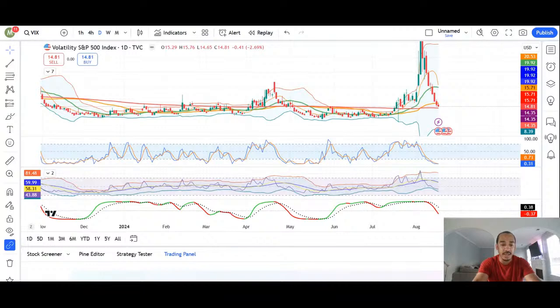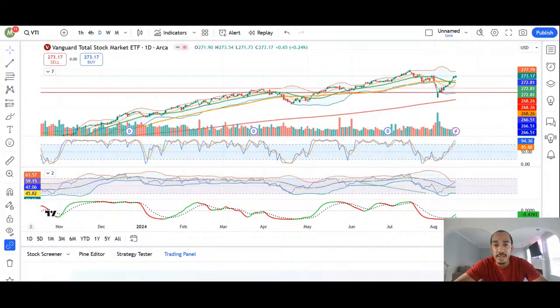Every stock in the stock market is in the VTI, which is an ETF that holds a portion of every stock in the stock market, right? So let me get out of that. Let me show y'all the VTI. Okay, so the VTI is a total stock market index, and I'm getting mixed signals, kind of, sort of, not really.